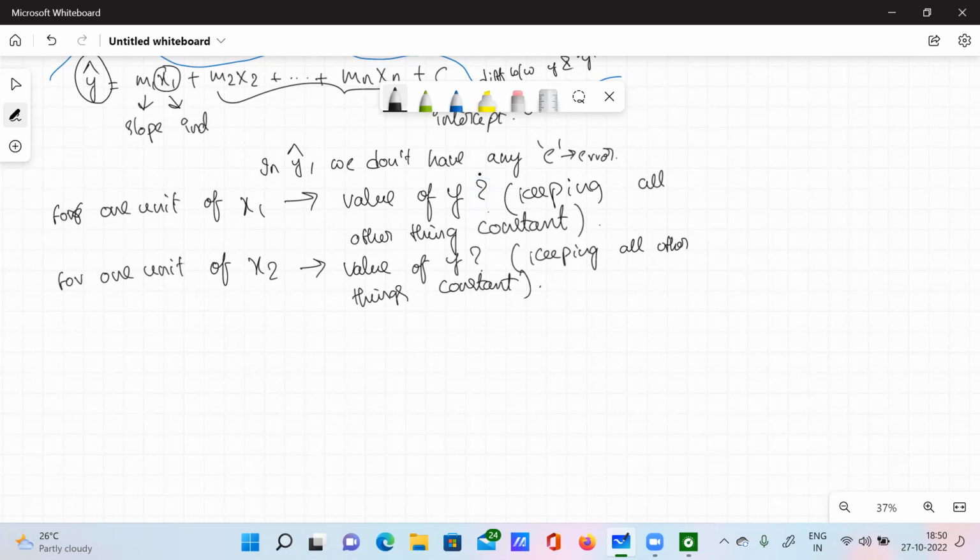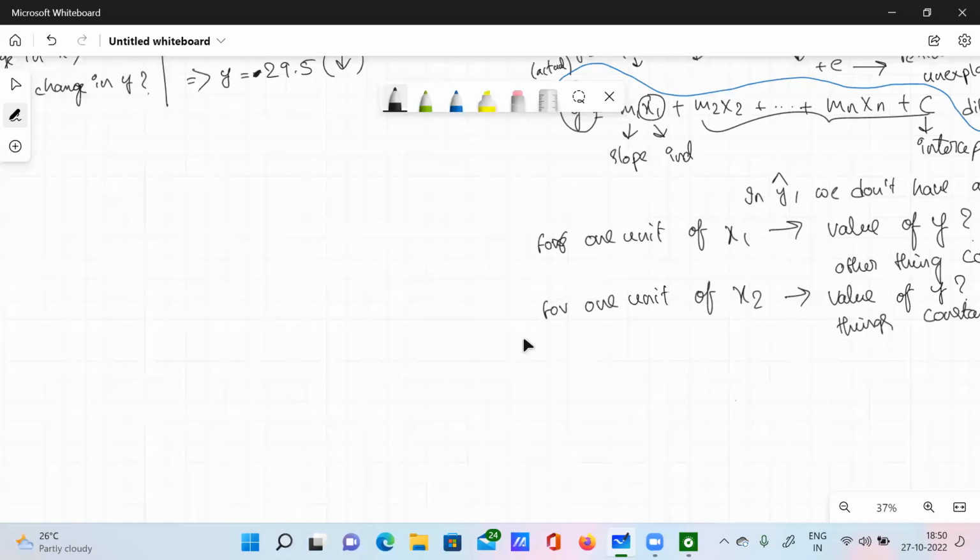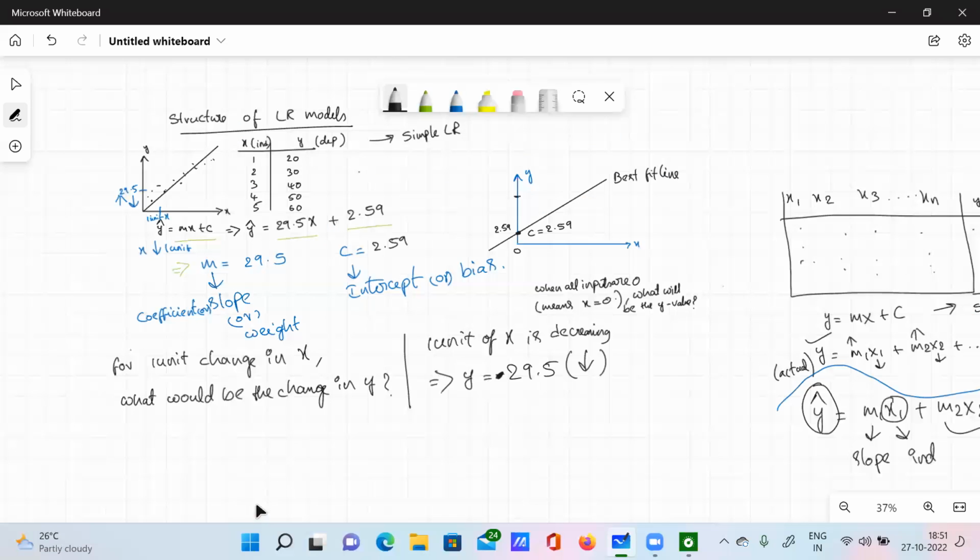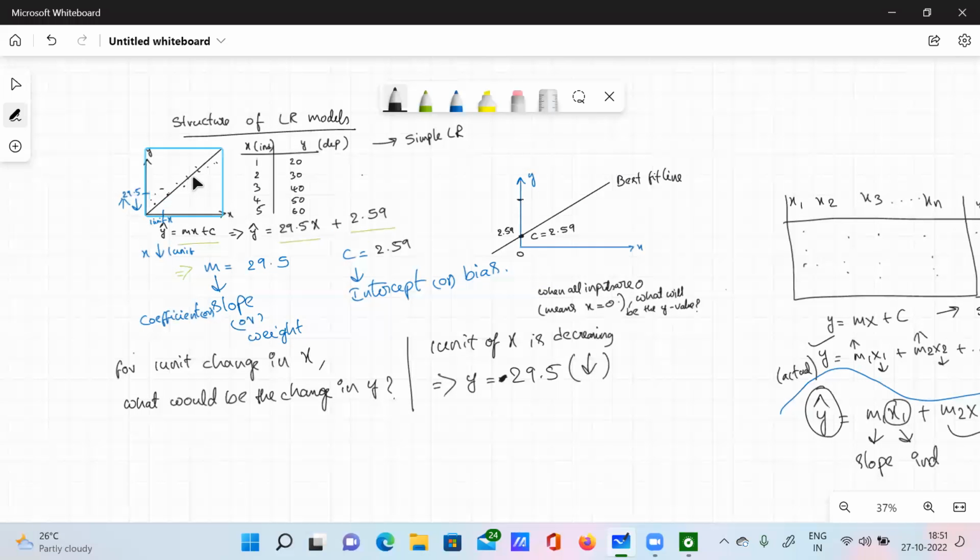But here we have one difference. When you look at this particular graph, the best fit line is nothing but a straight line, right? Because we haven't squared anything. The difference between y and y hat is nothing but the error.